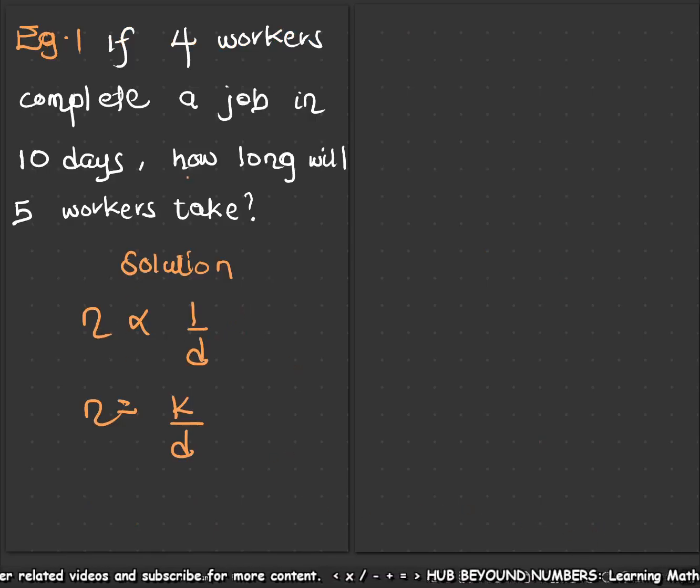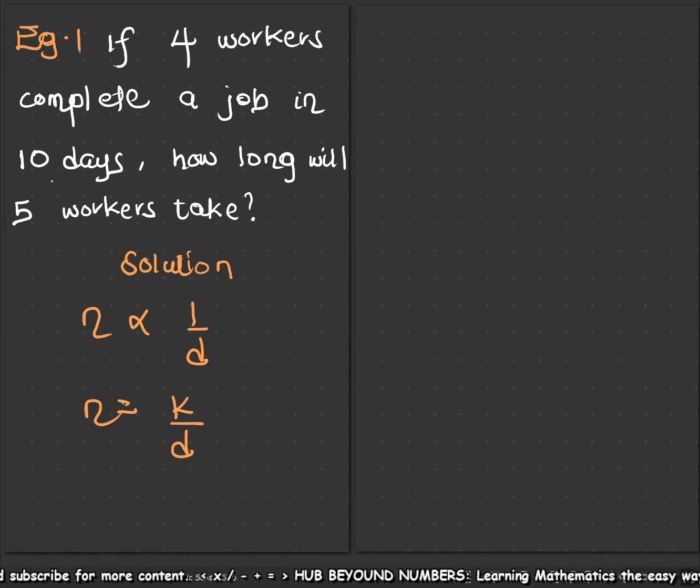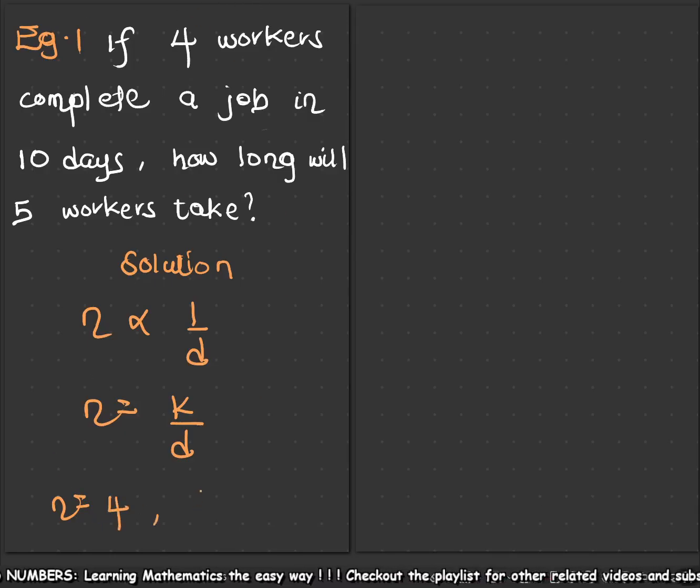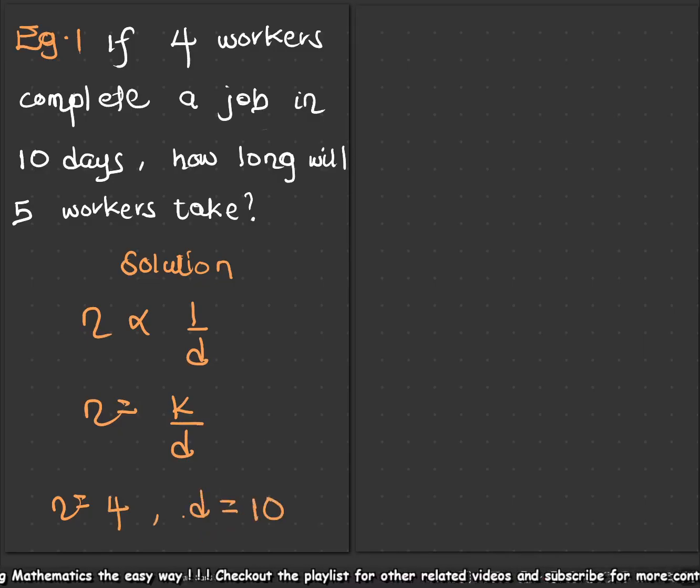Our question says 4 workers completed the job in 10 days. So the number of workers for our first set of parameters was 4, and the number of days was 10. We then do our substitution to look for our k.